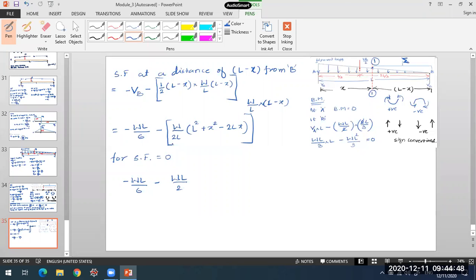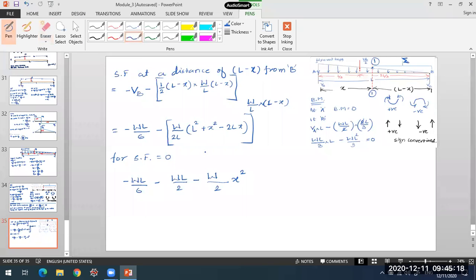If I open up this bracket and multiply the terms, wait a minute, let me correct this.